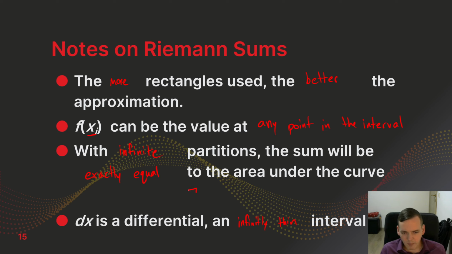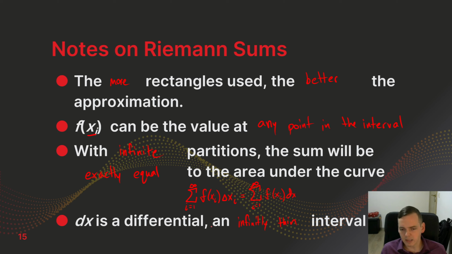And so what we end up writing is something like this: the sum from 1 to infinity of f of x_i delta x_i is equal to the integral of f of x_i times dx.